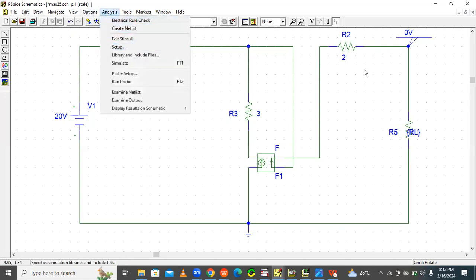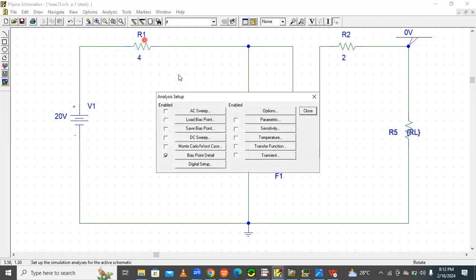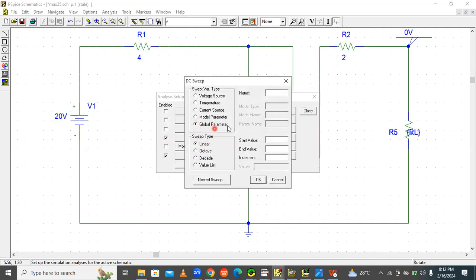Go to analysis, setup, DC sweep, enable DC sweep, open DC sweep, select global parameter. What is the name of the global parameter? RL, starting value 0.01 and end value, for example, Thevenin's resistance 22, so for example 80, and increment by 0.01.